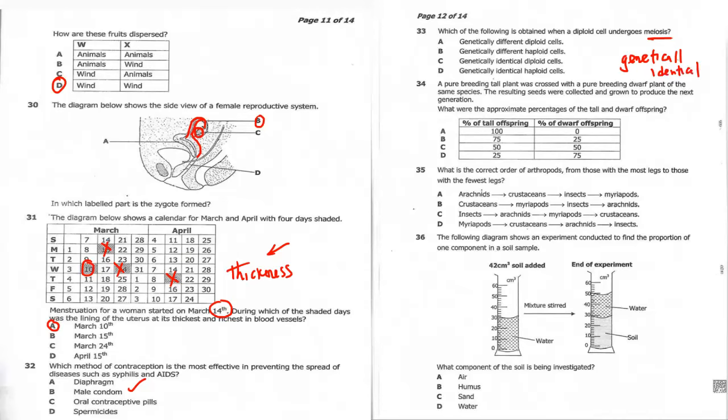But during meiosis, they're not genetically identical, in other words, so there's variation. Genetically different diploid, genetically different haploid, genetically identical diploid, genetically identical haploid. So it's genetically different haploid cells.